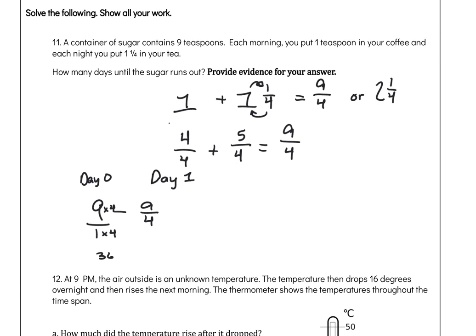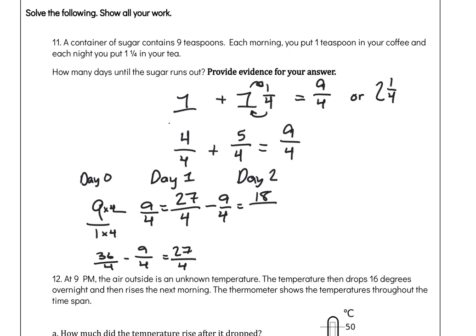So I'm going to have 36 over 4 minus 9 over 4, and we end up after day one with 27/4 left of sugar. Well, on day two, we're going to use the same exact amount, meaning we're going to subtract 9/4 away. 27 minus 9 is now 18/4.